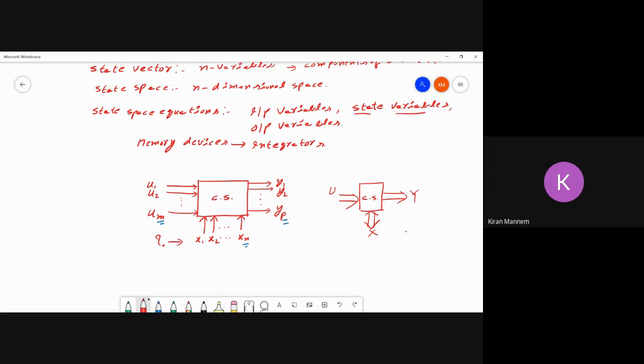So if you have n variables, you have n first order differential equations. So let us write them.